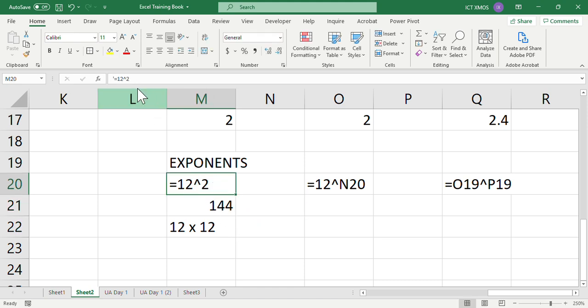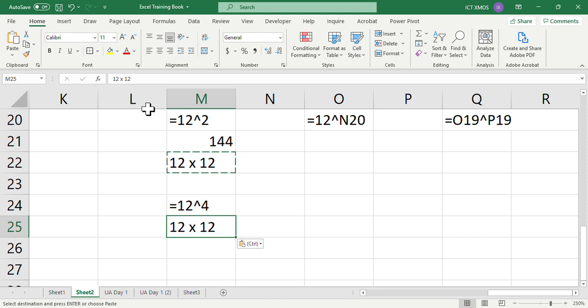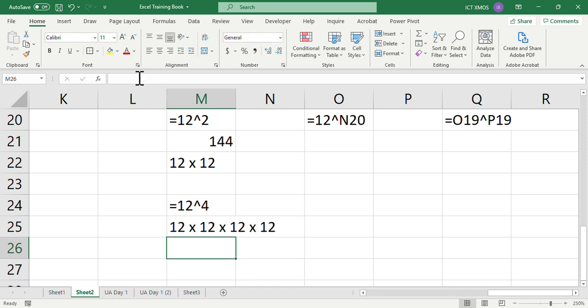If we say raised to power 3, or 4, let's say 4, this is what you are typing: 12 raised to power 4. You can see how many times 12 is repeated: 1, 2, 3, 4.